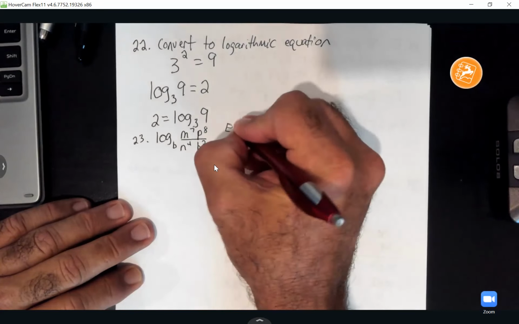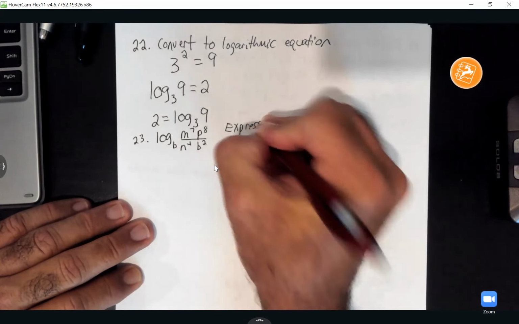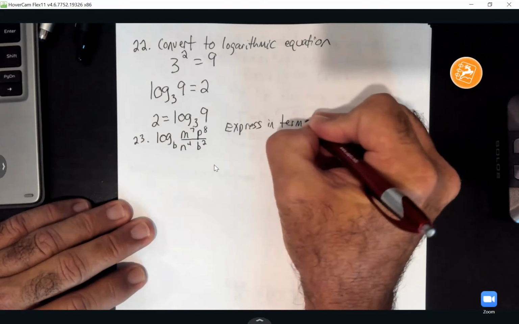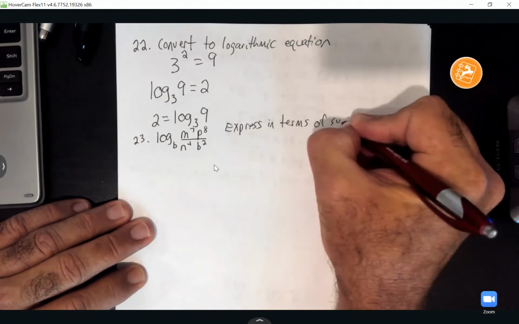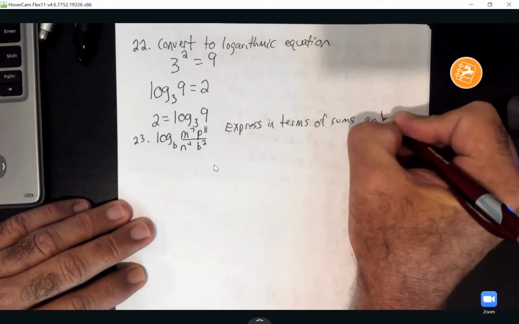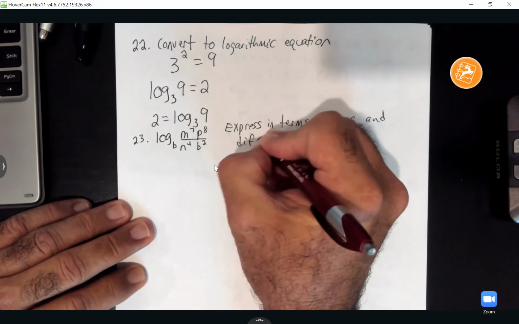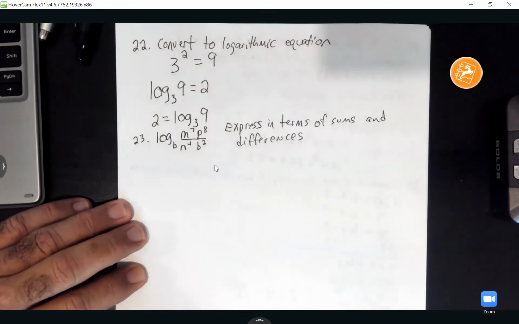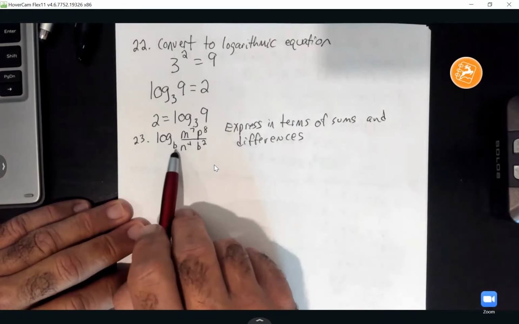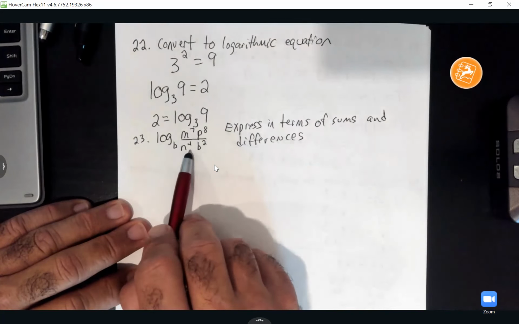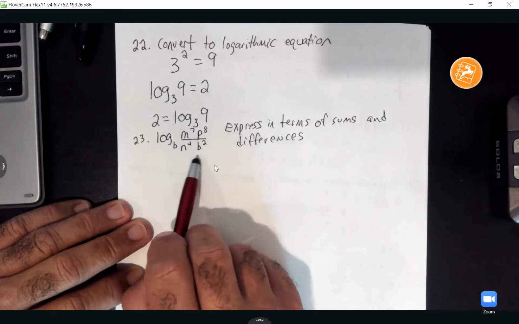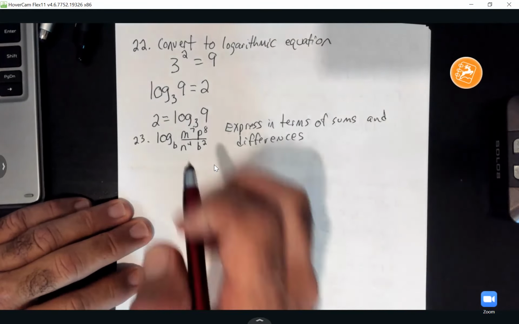I forgot to write what it wanted. So you got to distribute the log base b to all 4 of these. And if they're on top, remember they're positive. If they're on bottom, they were being subtracted.